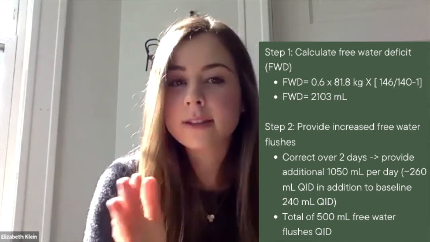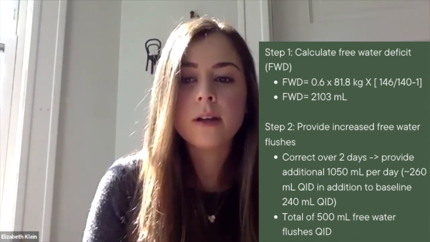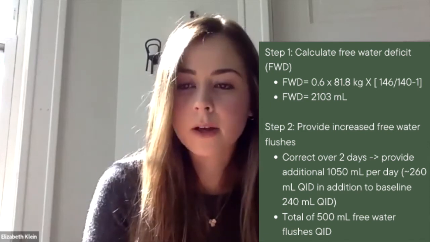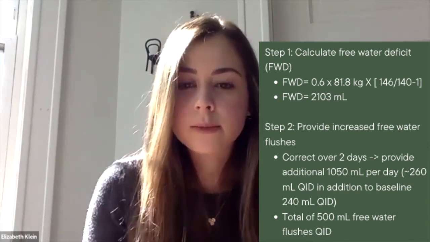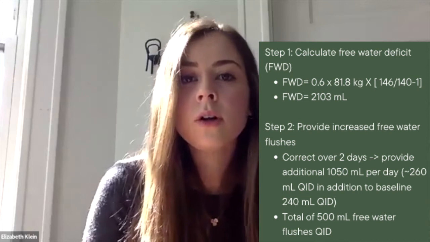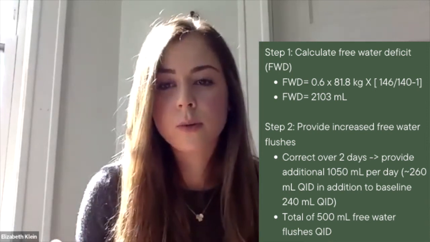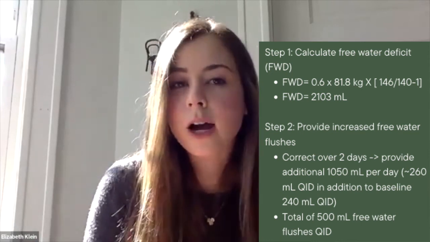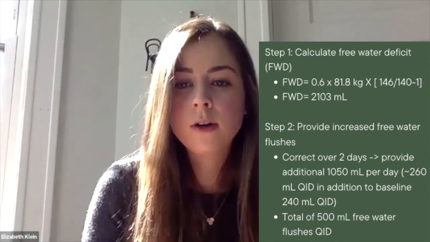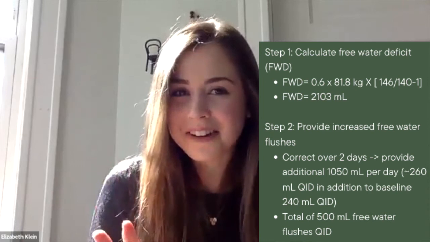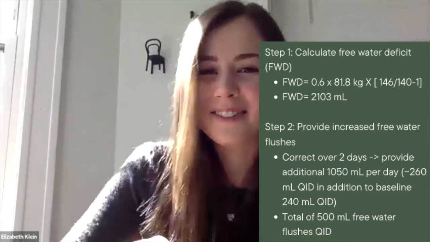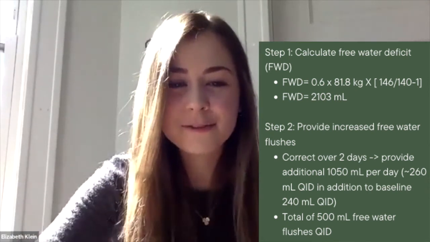If we break this down into 4 times a day, it would be another 260 mLs 4 times a day. So in total, his baseline free water flushes plus these additional free water flushes, he would need about 500 mLs of free water 4 times a day. A little complicated, but it makes sense once you do the math yourself.